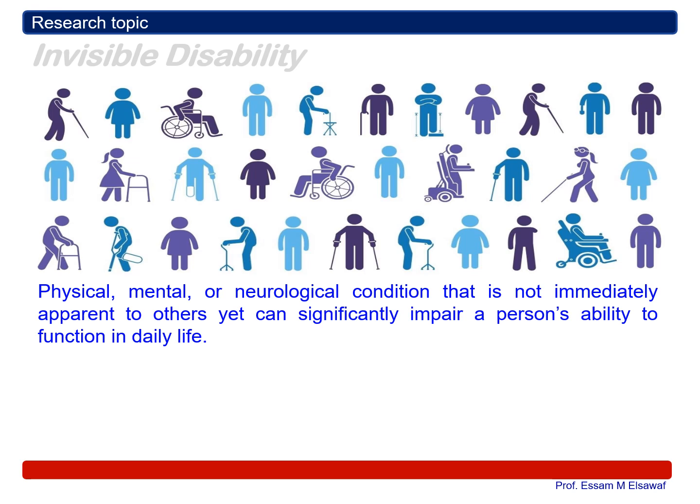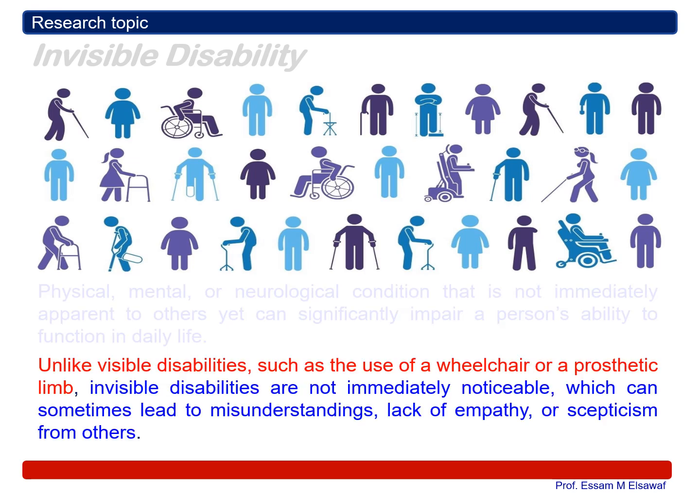Unlike visible disabilities, such as the use of a wheelchair, prosthetic limb, or walking aids, invisible disabilities are not immediately noticeable, which can sometimes lead to misunderstandings, lack of empathy, or skepticism from others. Invisible disability can take any form.